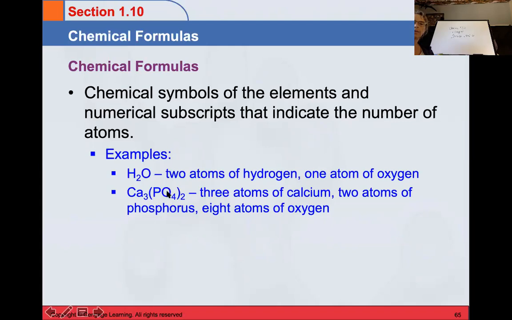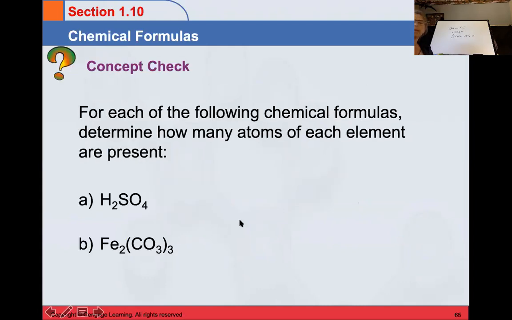If there's 4 oxygens inside the parentheses and a 2 outside, then the 2 times 4 gives us 8 atoms of oxygen. And the 2 also applies to the phosphorus, so that's 2 atoms of phosphorus. For each one of these chemical formulas, determine how many atoms of each element are present.